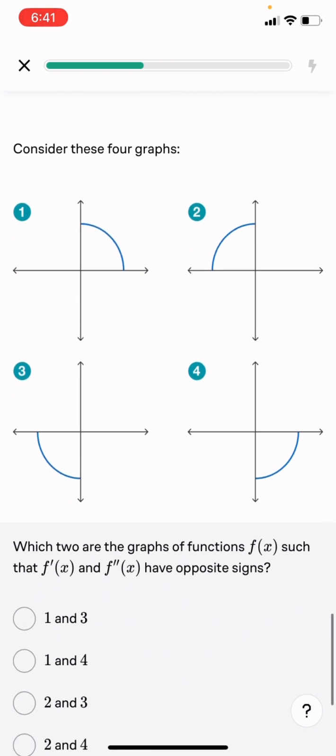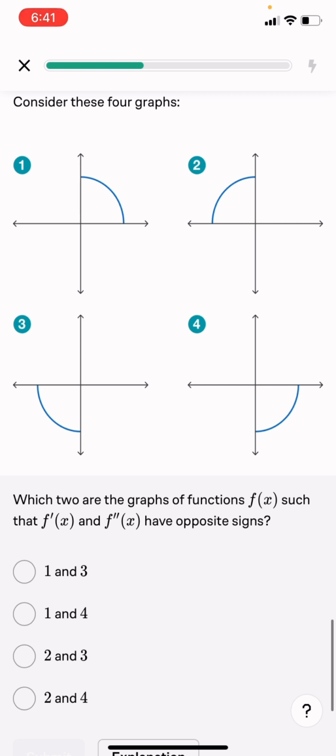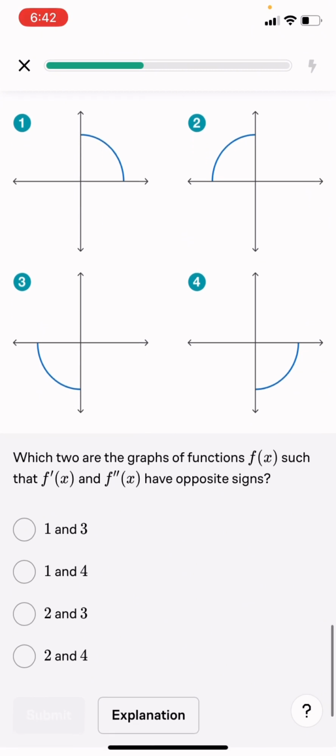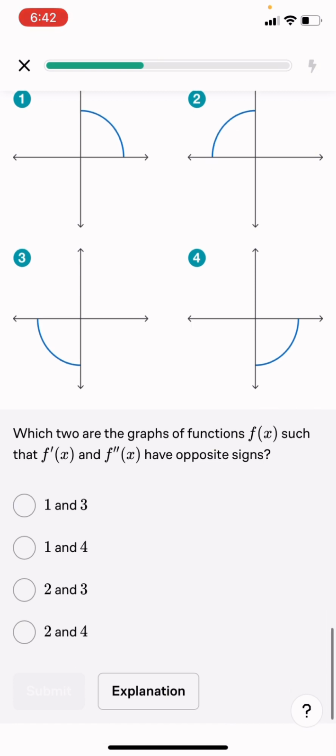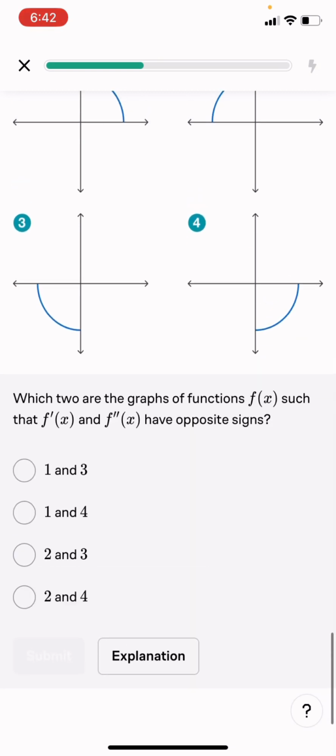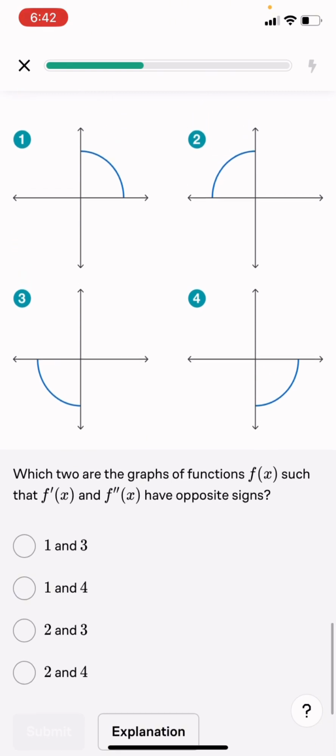Consider these 4 graphs: number 1, number 2, number 3, number 4. Which 2 are the graphs of functions f of x such that f prime and f prime prime have opposite signs?